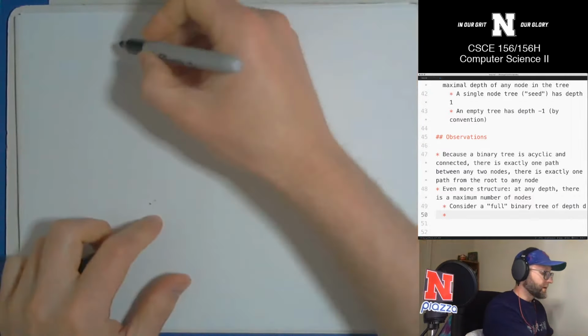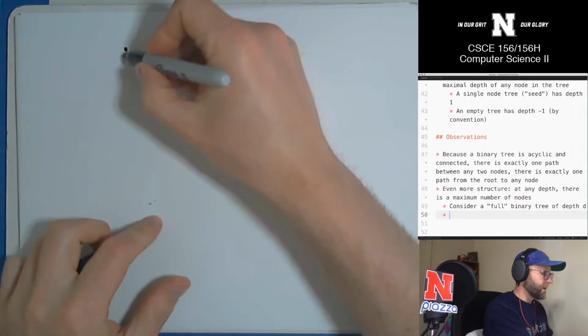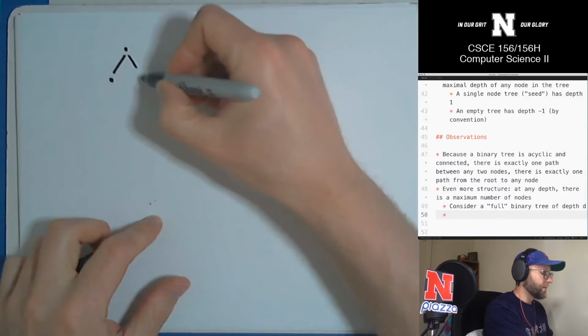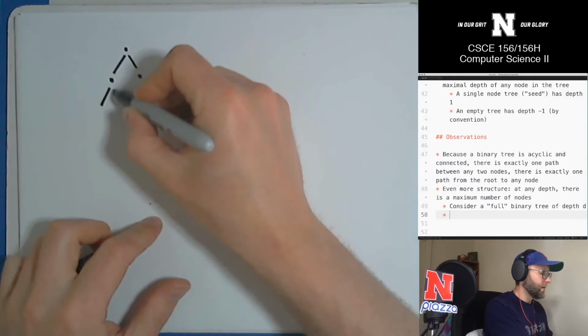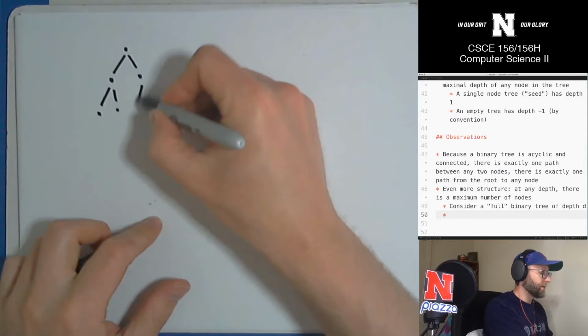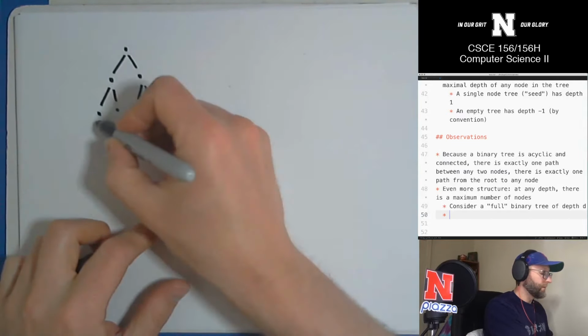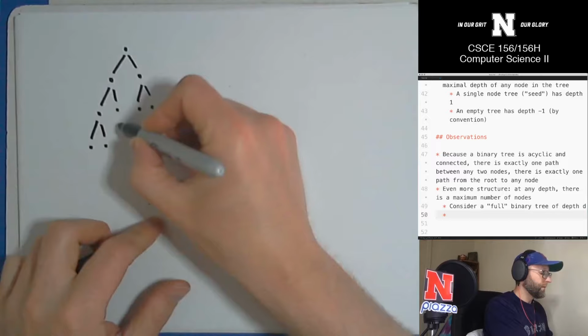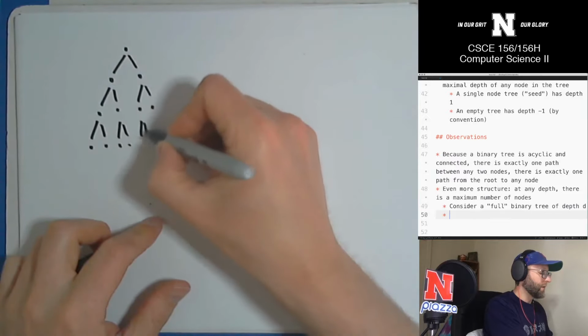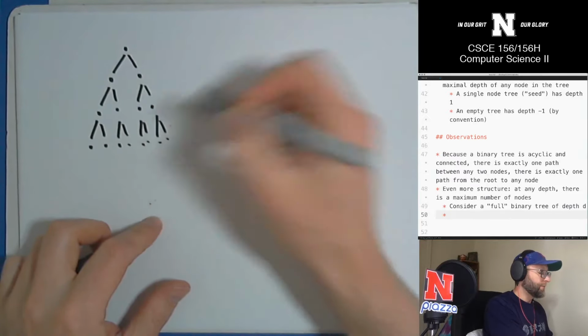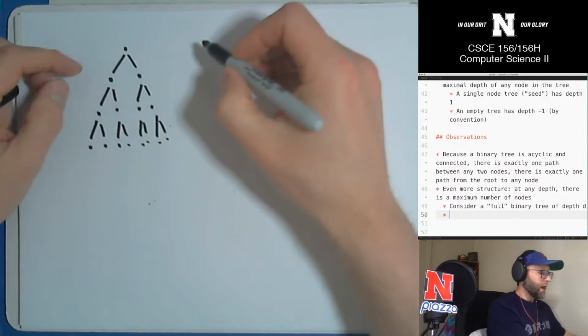I'm not going to label them here, but I am going to draw them. This is going to get complex very quickly, so I'll only go down a little bit.